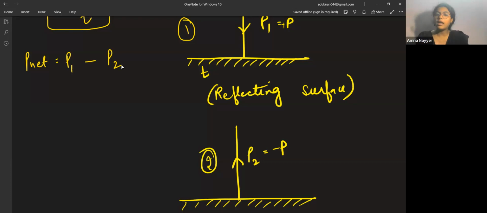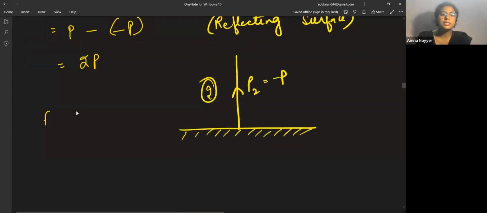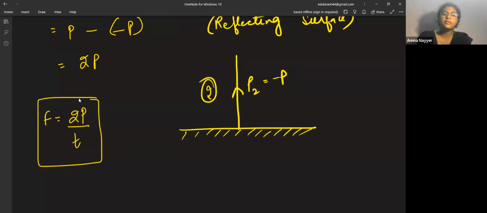So when you put the value of P1, this will be P, but when we're talking about P2, this becomes minus P. So what is the net momentum? Net momentum is 2P. So what is the force? Force is 2P divided by T for the reflecting surface.